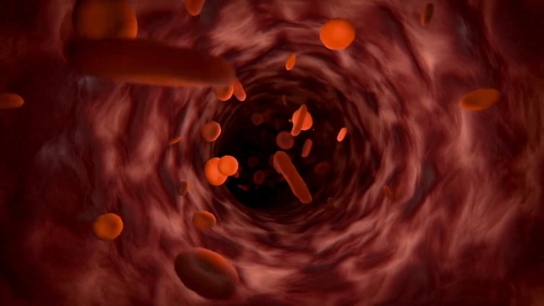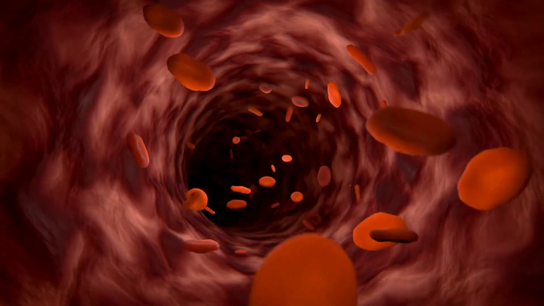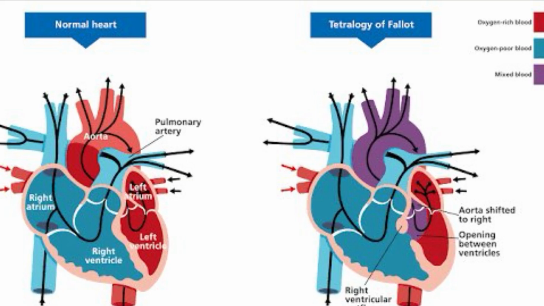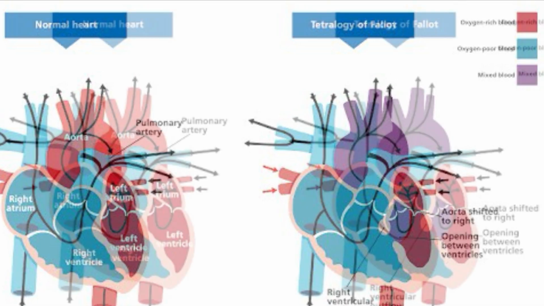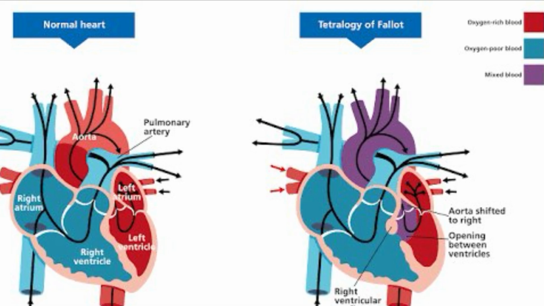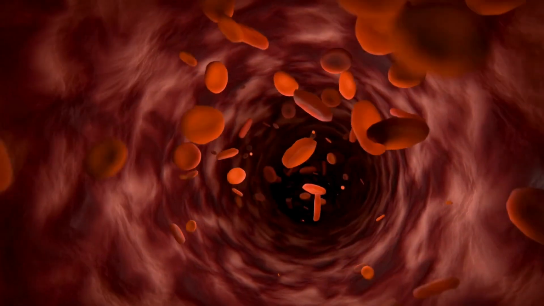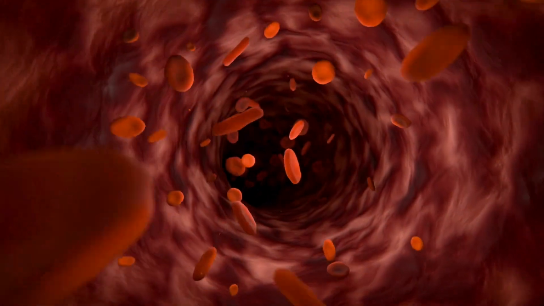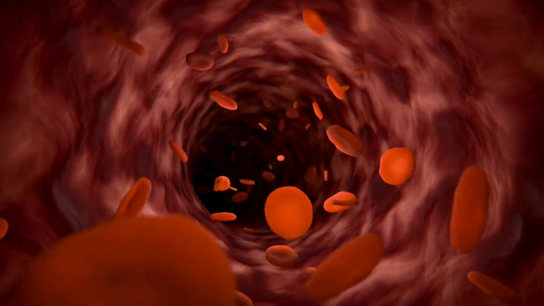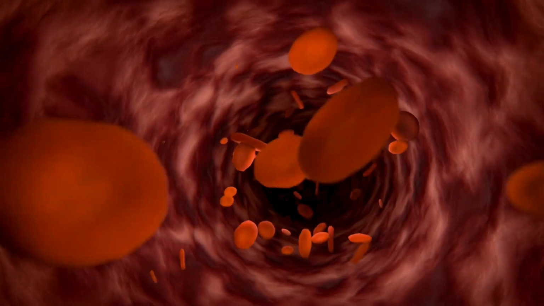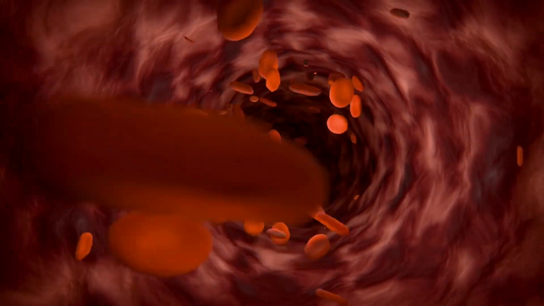A patent ductus arteriosus can be closed by using what drug? Indomethacin, although surgery is sometimes required as well. What is the order of frequency for the three most common causes of left to right shunts? Ventricular septal defects, atrial septal defects, patent ductus arteriosus.